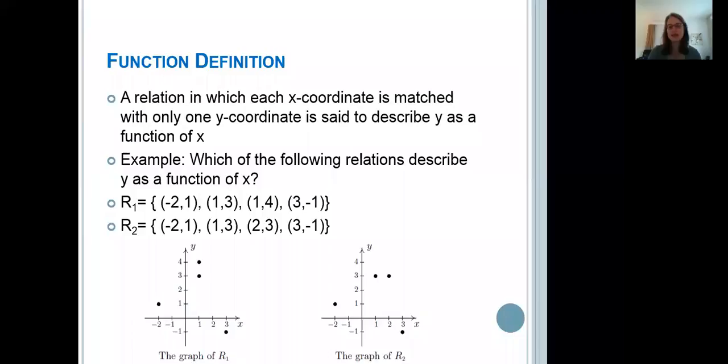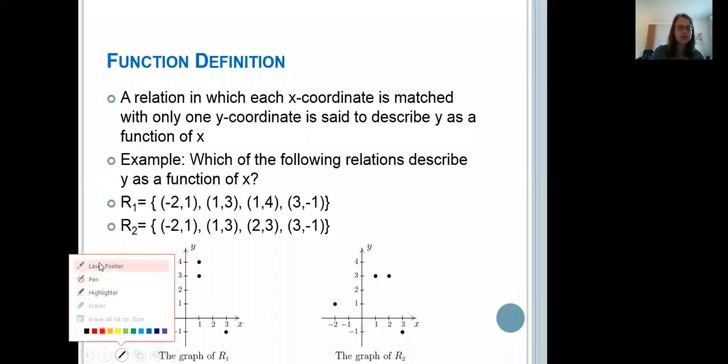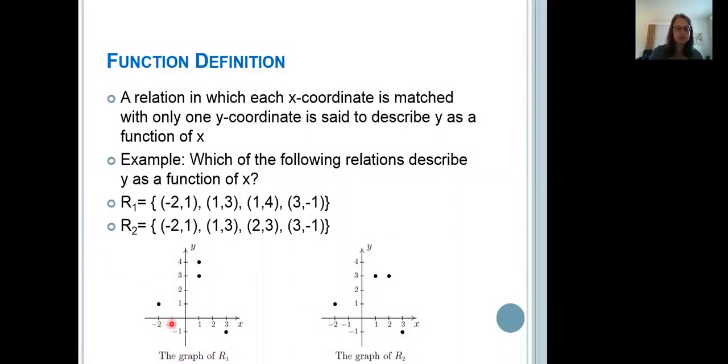Now, let's think about what I said a minute ago. If a relation is a function, then for any x, there will be only one y. So let's look at our relations here. I know that if x is -2, y is going to be 1. I'm in relation 1 at the moment. So if I put in -2, I know I'm going to get out 1.